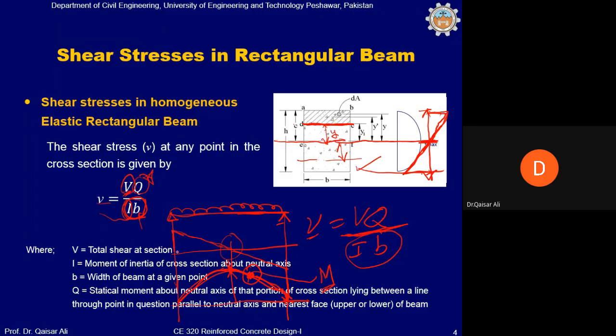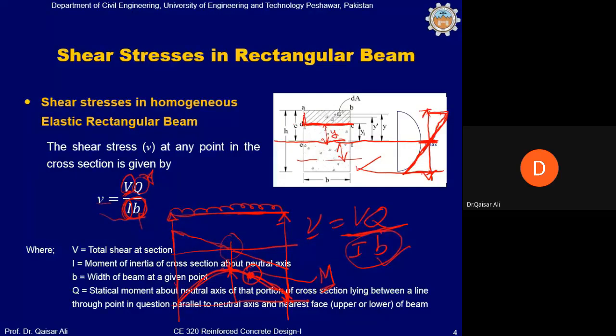So let's say V maximum is the shear force which is obtained from the shear force diagram. Ib can be calculated from the dimensions of the beam. How can Q be calculated? Q is basically the area above the line at which the shear stress will be calculated. So above the line, this is the area.